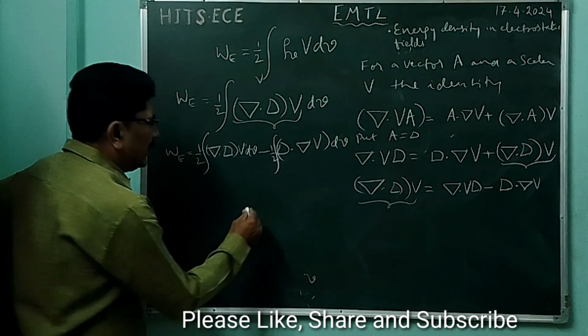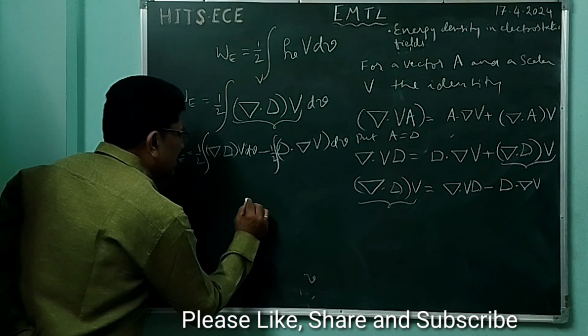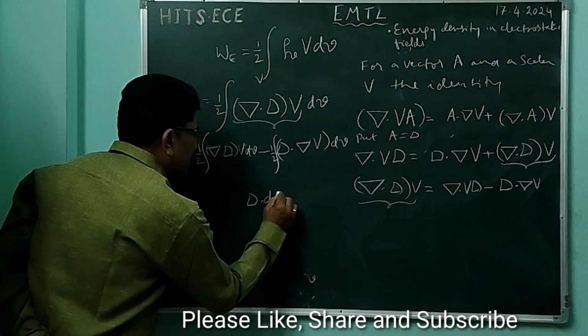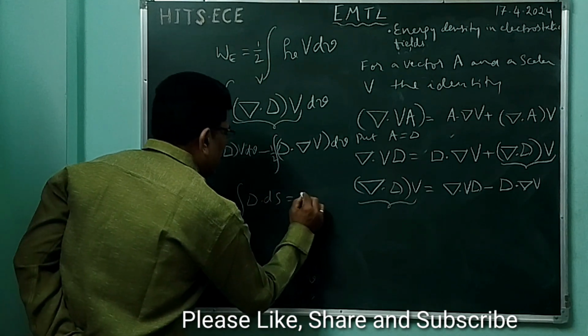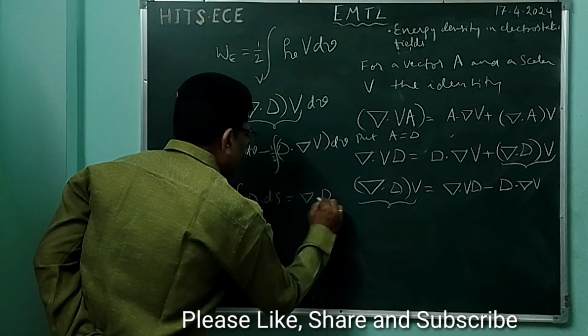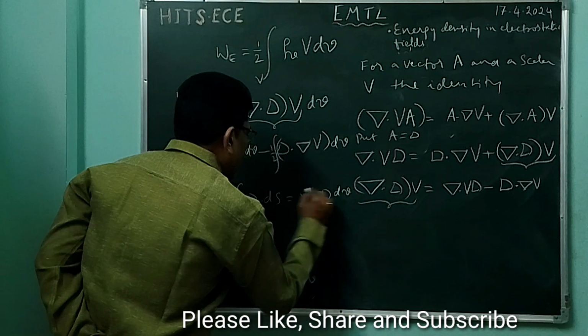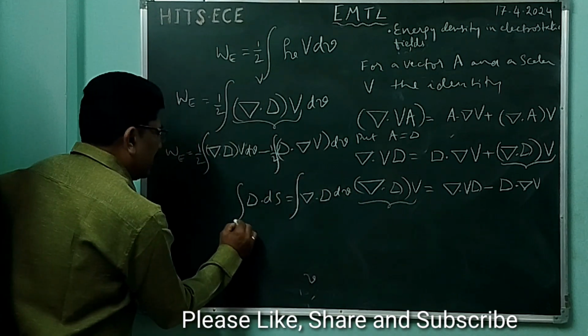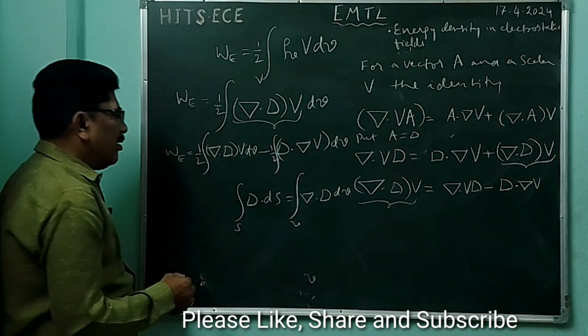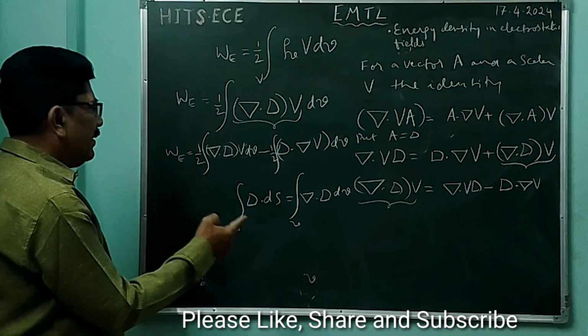According to Gauss law, ∮D·ds is equal to ∫∇·D dv.